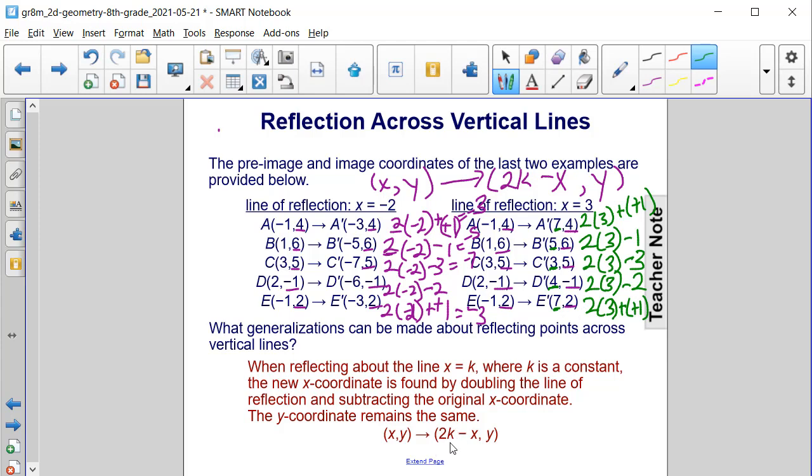So yes, this 2k minus x comma y is indeed the formula for finding the new x-coordinates after reflecting about a vertical line. So again, it's x comma y goes to 2k minus x comma y, where k represents that line of reflection.